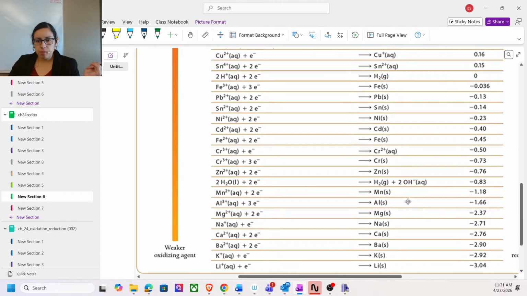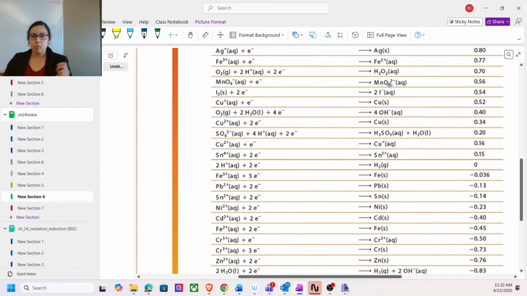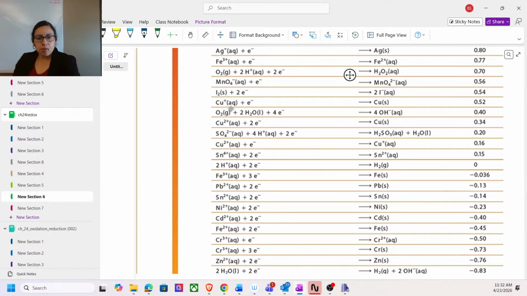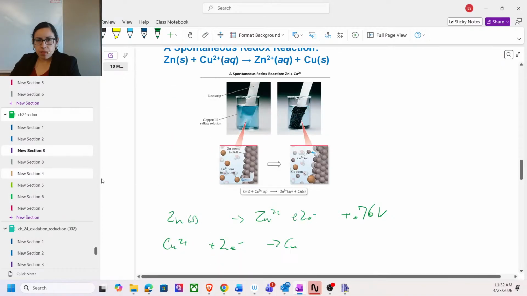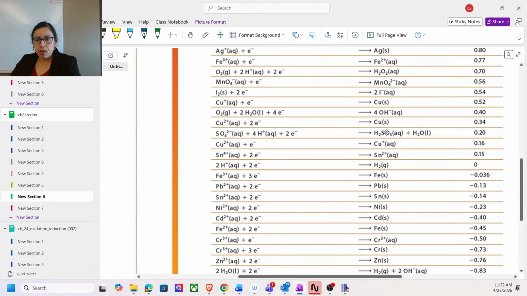Where's copper? There it is. I'm just blind, apparently. All right, so copper, and now I forgot which direction we're going. We're going with copper ions and landing with copper metal, so it is in the correct direction. So again, positive 0.34 volts there.